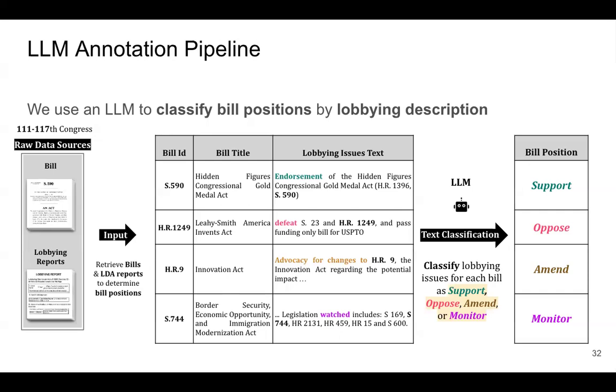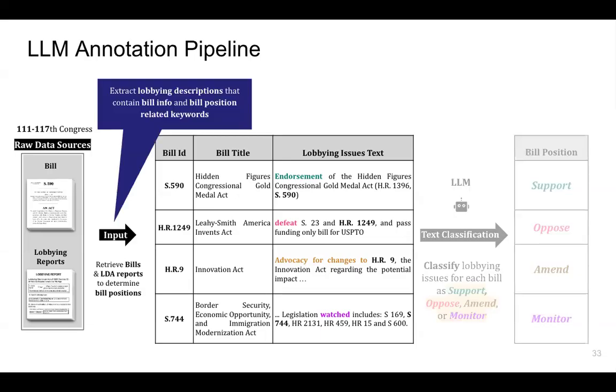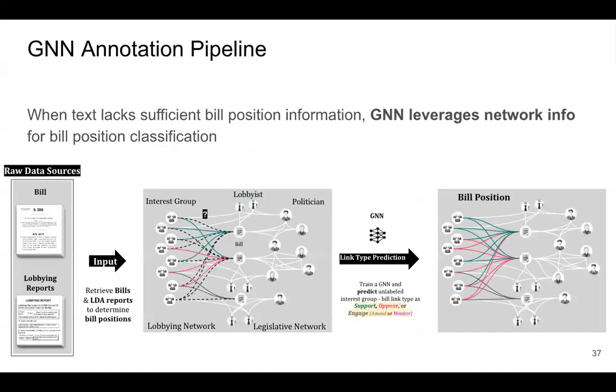But as I said, a lot of the times the text doesn't actually say one way or another. So we look at the text, we use LLMs to classify, and then for cases where LLMs cannot classify, we use GNNs.